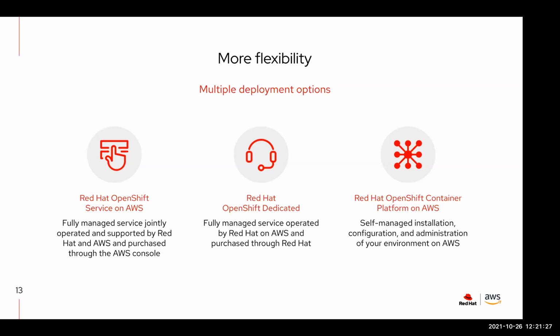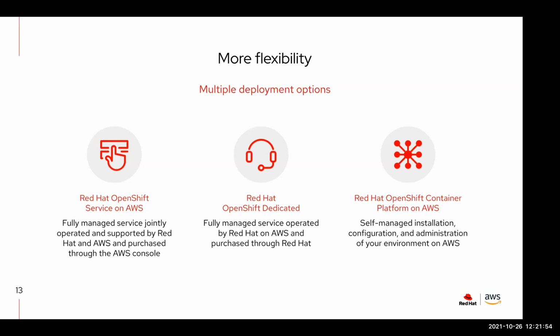You want to be able to have OpenShift running simultaneously on bare metal within your own data center, but you also want to have it available on top of AWS, where you have more availability, more scalability, and not be as reliant on AWS's pricing model. So that would be one example where maybe you would want to run a self-managed deployment of OpenShift, but still have that running on AWS.